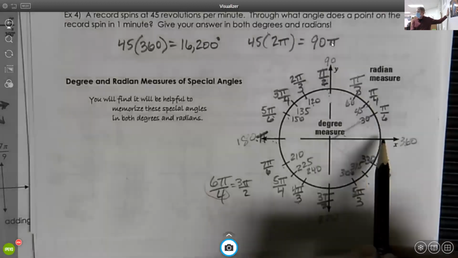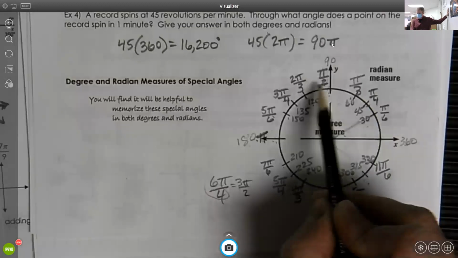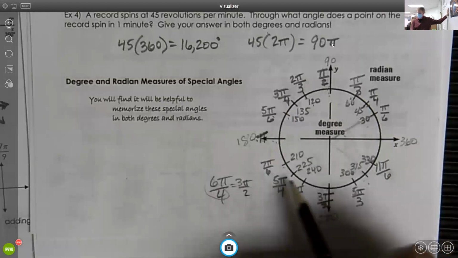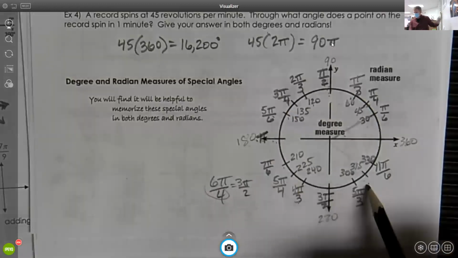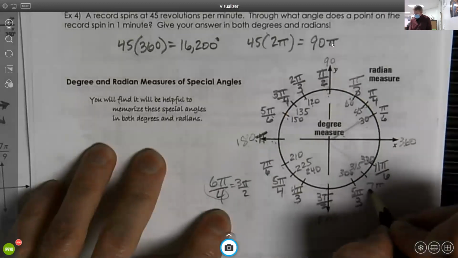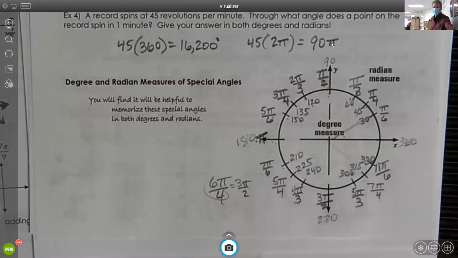So that is 1/4, 2/4, 3/4, 4/4, 5/4, 6/4, 7/4. So that's 7 pi over 4. And we have listed all the radians that are on the unit circle. Oh my goodness.